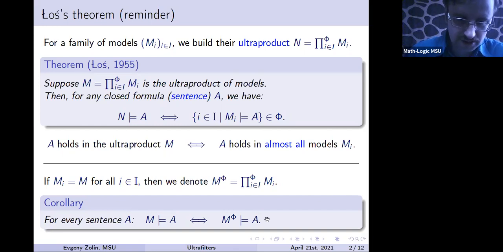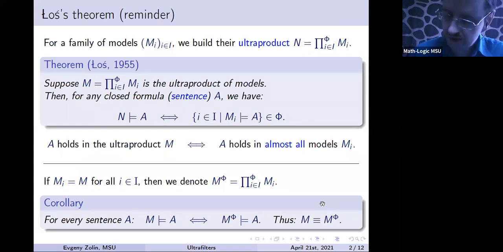So this is the corollary. In other words, we say that M, the model, and its ultrapower are elementarily equivalent. They satisfy the same sentences of this signature.